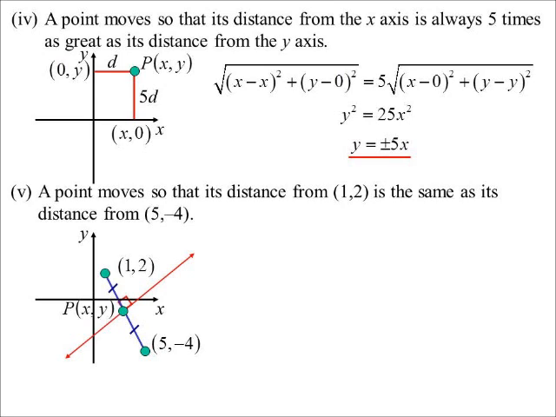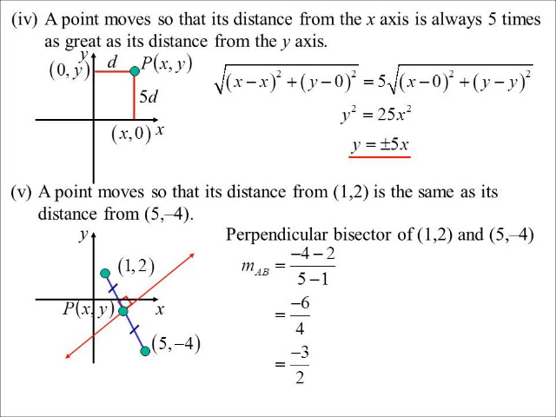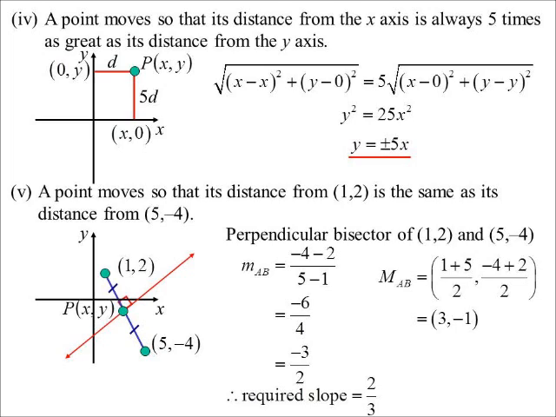I also know that this will end up being the perpendicular bisector of that blue line there. So I could do it using that idea, perpendicular bisector. So the slope is minus 3 on 2, but it's perpendicular, so the one I want is 2/3. Midpoint is 3, negative 1. I can use my point-slope formula then to find the actual equation.